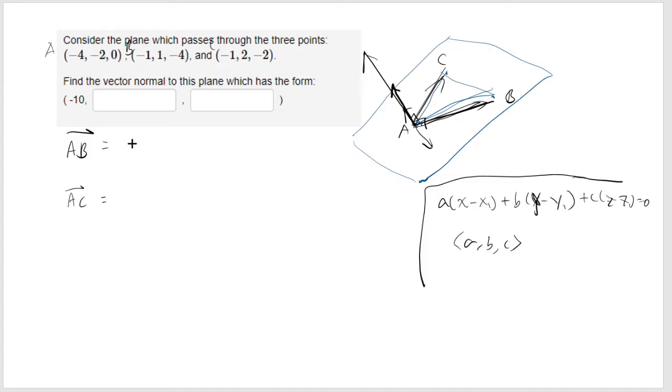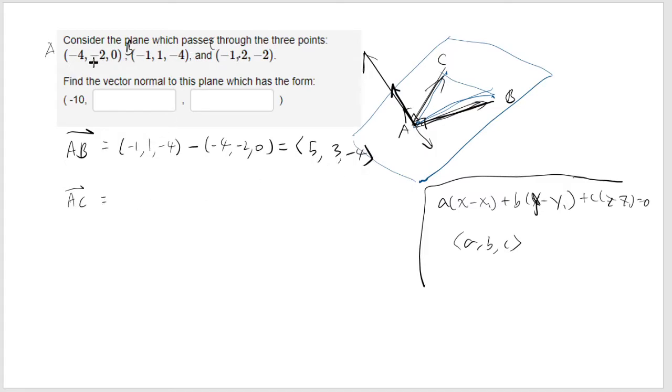So what is vector AB? AB is B minus A. It's always terminal minus initial, so it's (-1, 1, -4) minus the initial (-4, -2, 0), which is (5, 3, -4). Okay, so that's the vector AB. AC, you do the same thing.